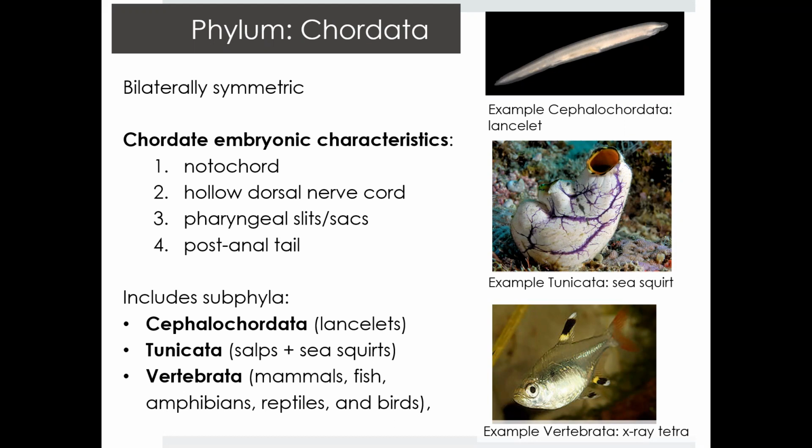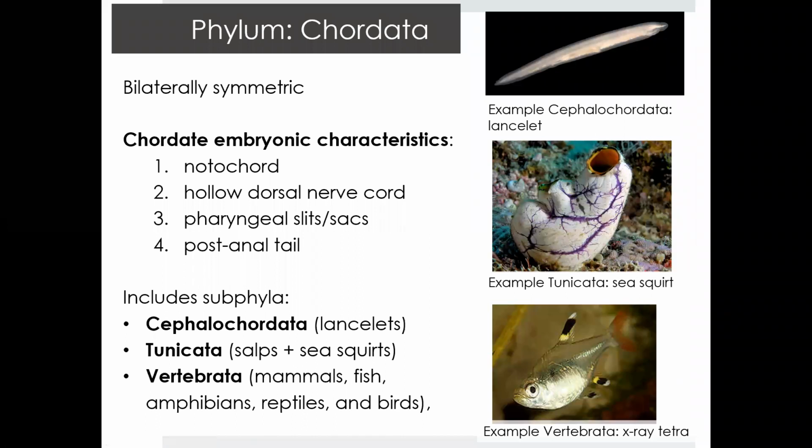What we're going to focus on are these 4 key characteristics that chordates have during embryonic development. So at some point during development, all chordates exhibit these 4 characteristics: having the presence of a notochord, a hollow dorsal nerve cord, they will have either pharyngeal slits or sacs, and they have a post-anal tail.